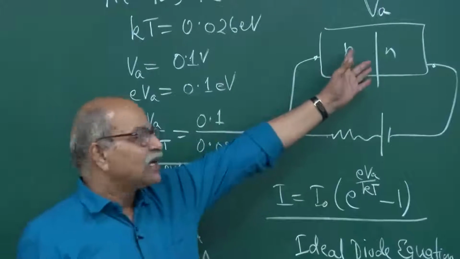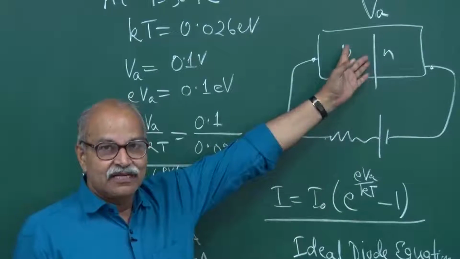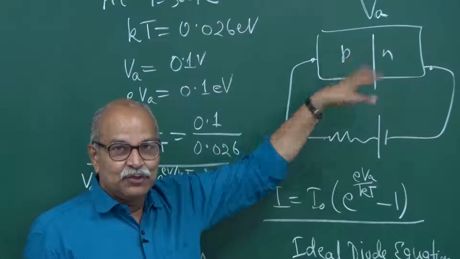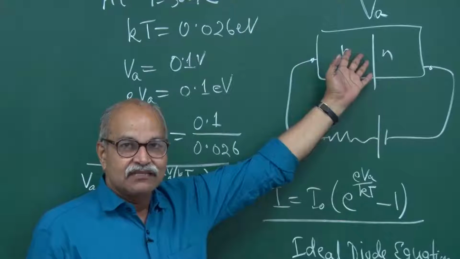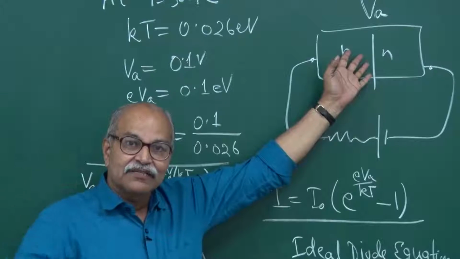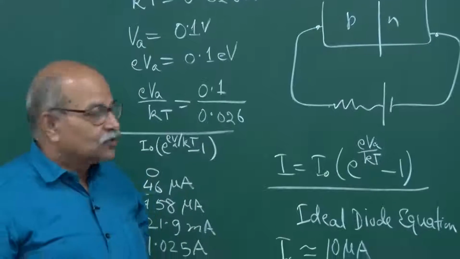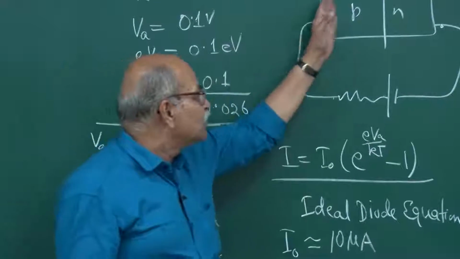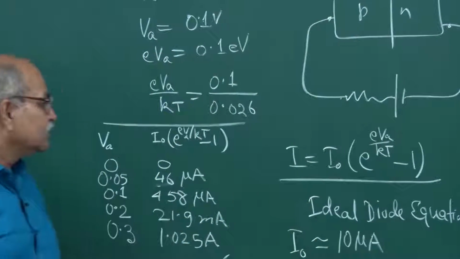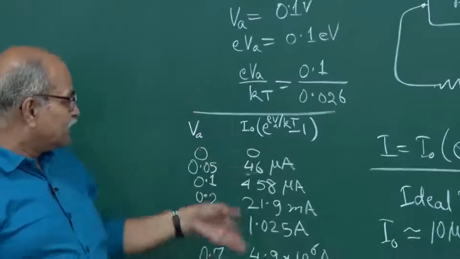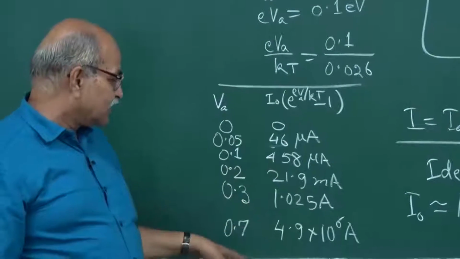The diode manufacturer will tell how much current it can sustain. If you send more current than that allowed limit, then this whole diode will be destroyed. So, this actual voltage that you apply on the junction should be much smaller than these points.